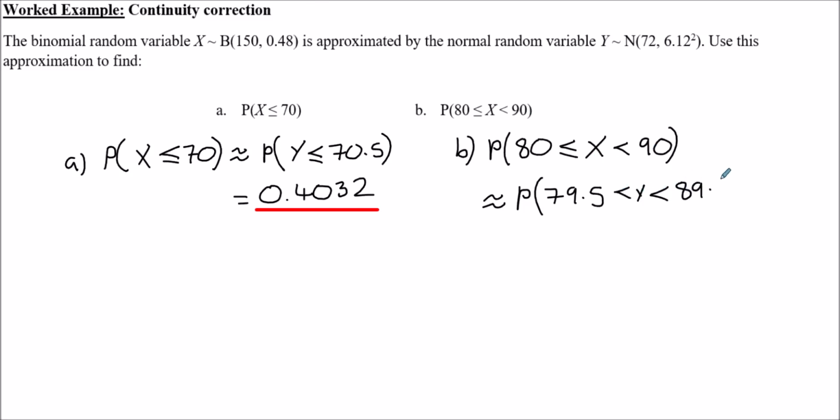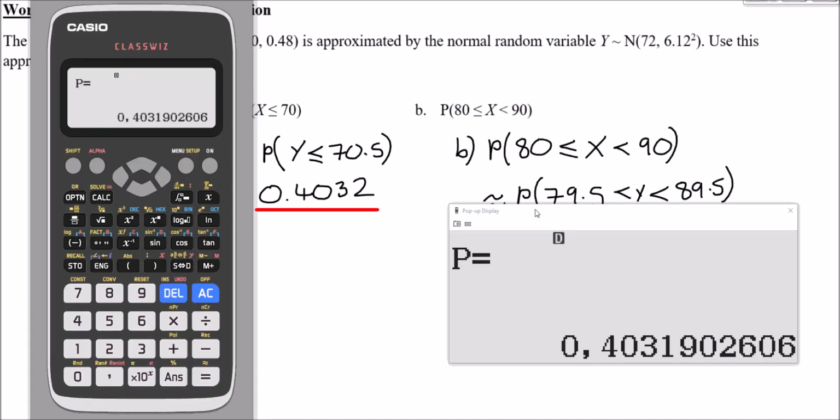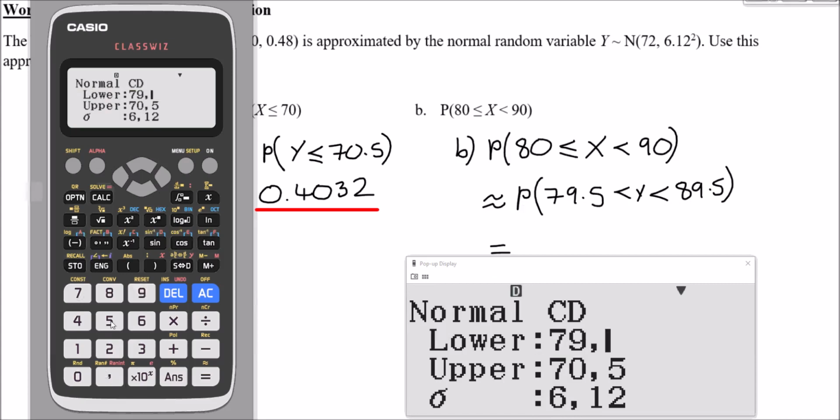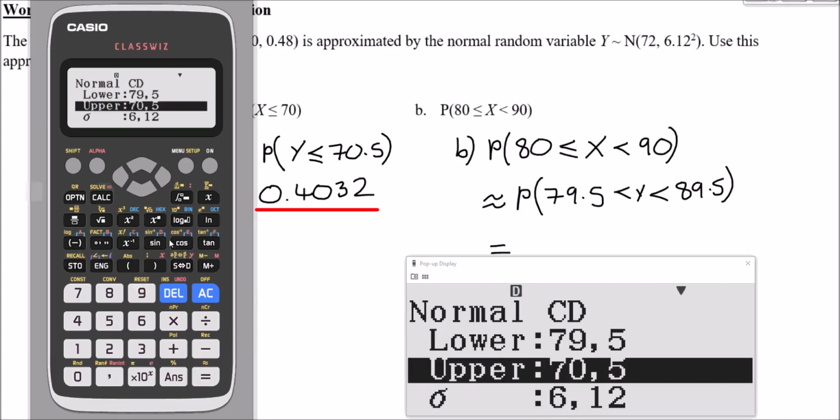So again, just use the calculator for that. And what we'd find here is as follows. So press AC. This time the lower bound 79.5, the upper bound 89.5.